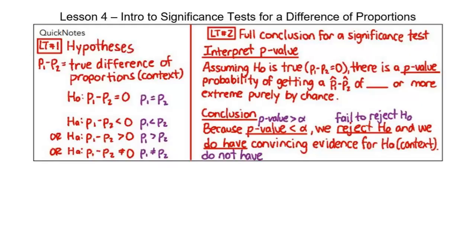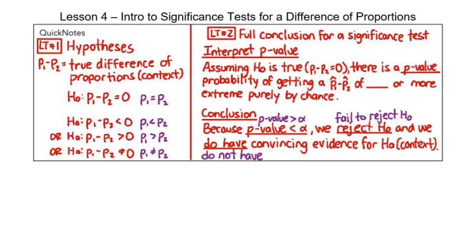Remember, up here, when you are defining P1 and P2, and then down here at the end of your conclusion, because you're just using these letters, P1 minus P2, in all of your work, somewhere you have to tell people what P1 and P2 mean. So if you give the direction, you're saying this minus that, where it's not just P1 minus P2, it's context minus context. You're showing the direction. And so you want to have it in both of those spots.